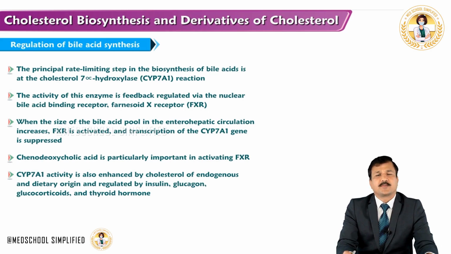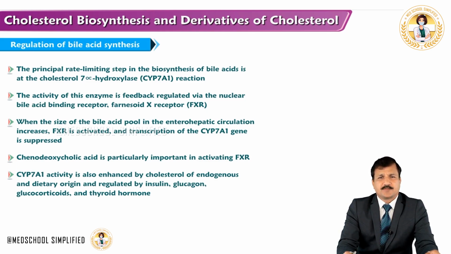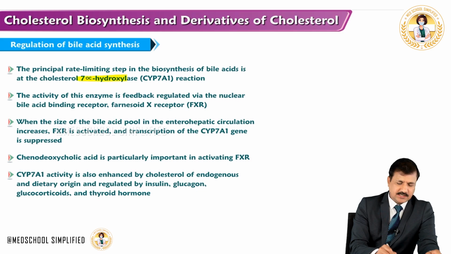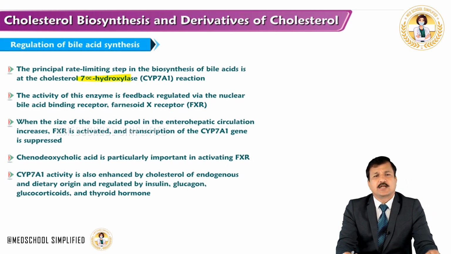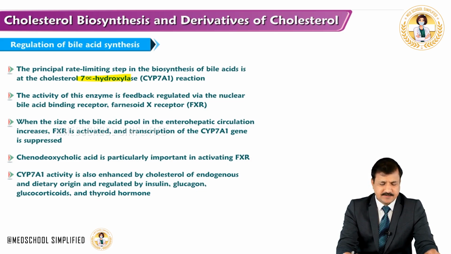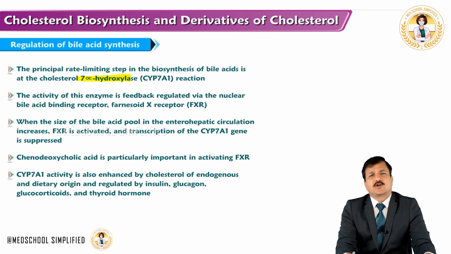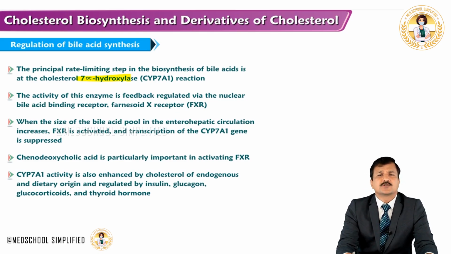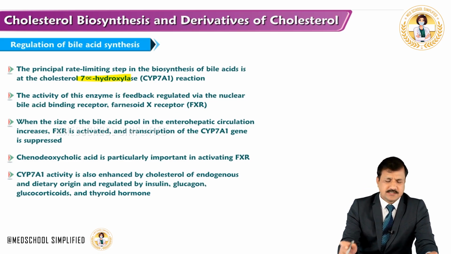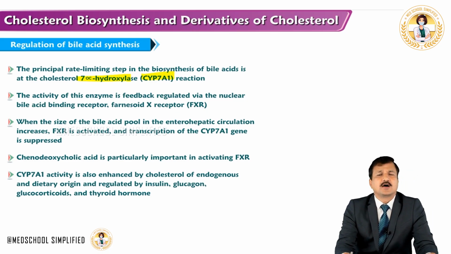Coming to the regulation of bile acid synthesis, as I said in the beginning of this chapter, the 7-alpha hydroxylase enzyme is the most regulated enzyme, and it catalyzes the rate limiting step for bile acid synthesis. And this 7-alpha hydroxylase enzyme, I told you, belongs to the cytochrome P450 class of enzymes, CYP7A1.